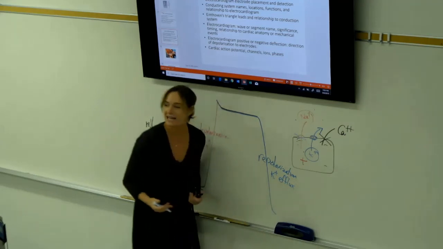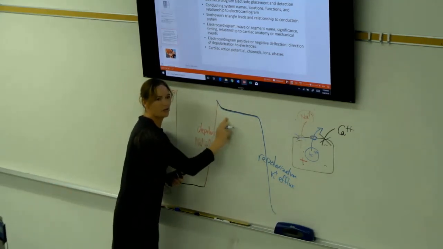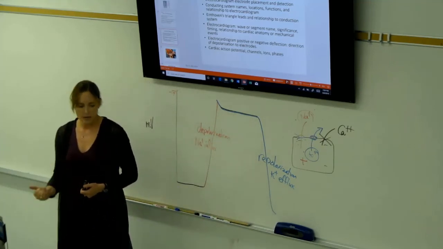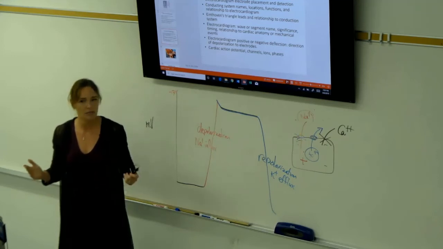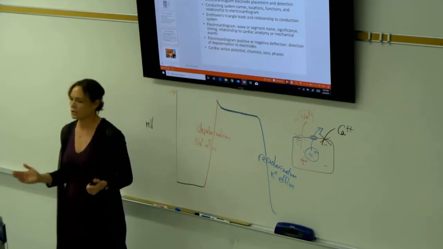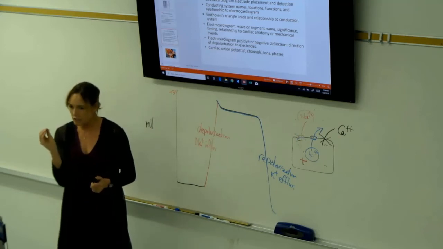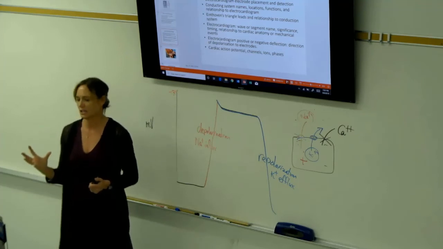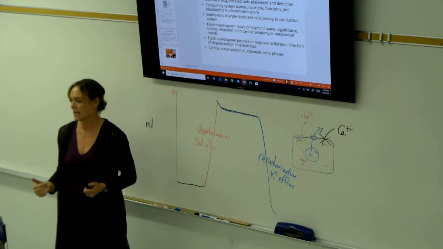That means potassium exiting the cell. This plateau phase is unique to cardiac cells. The reason is that it makes the action potential of such a great duration that it forces the cardiac cells, when they contract, to initiate a relaxation phase before another contraction is allowed to come.